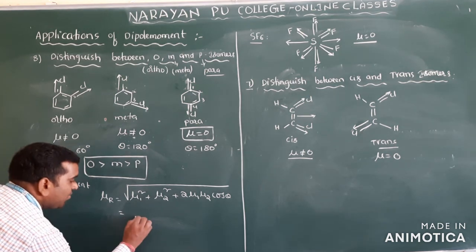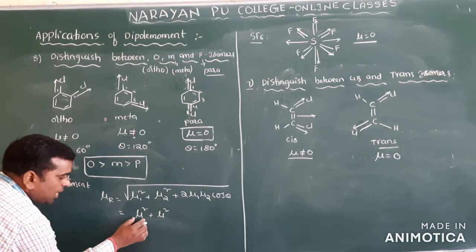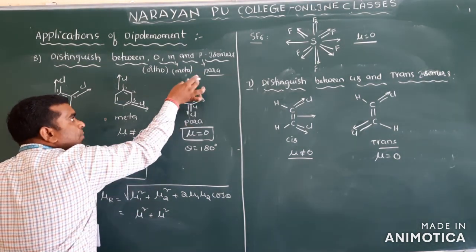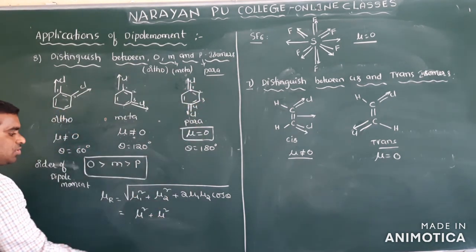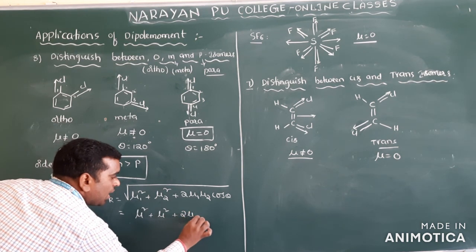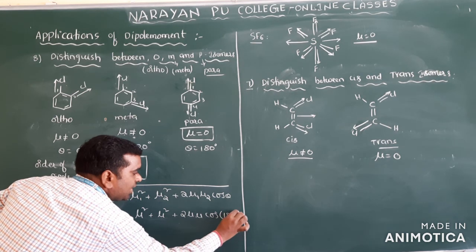So I will write this as mu square, because here also there is the dipole moment of the Cl bond, and here also the dipole moment of the Cl bond. That much dipole moment is present here also. So mu1 square and mu2 square, 2 into mu and cos theta. What is the cos theta here? 180 degree.